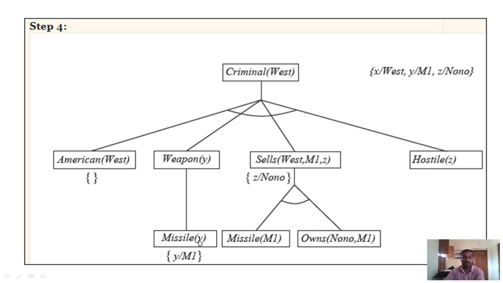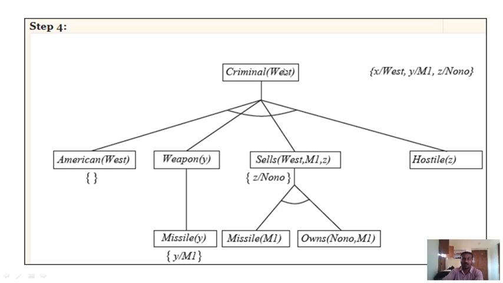Then when you come to sell, what he sold: missiles, to whom? No country. We sell this concept to the no country. So from the conclusion we start our derivation, we derive in this format, the backward direction.